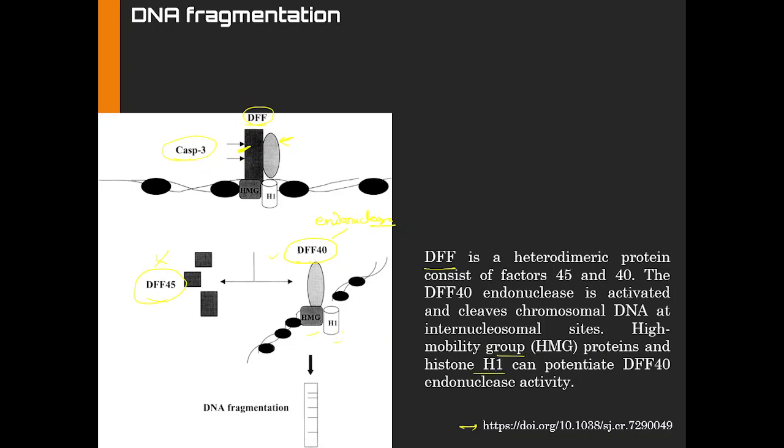They can also precipitate, and so probably they help in the process of DFF 40 activity. So this is one of the endonucleases. Now this raises a question: do the cells have certain other endonucleases or not? The answer is yes.